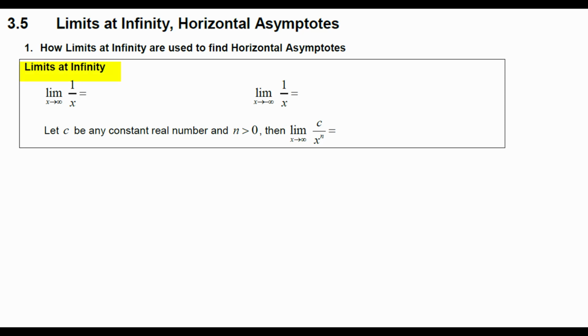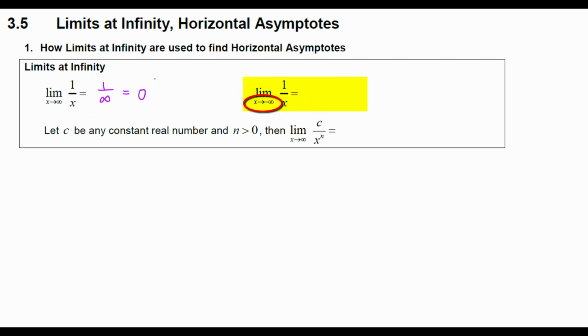Limits at infinity. Limit of 1 over x as x approaches infinity is equal to 1 over infinity, and when the numerator is fixed as a number and the denominator gets bigger and bigger and bigger, then the whole quotient will go to 0.